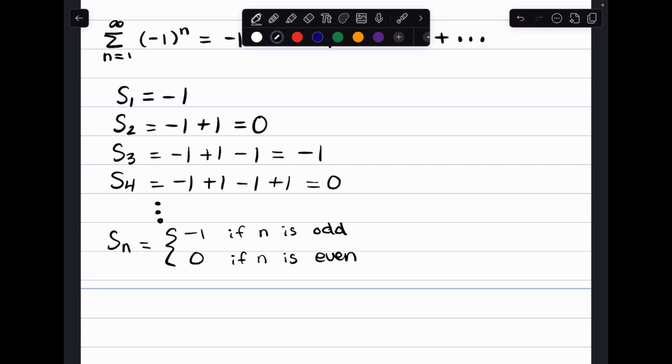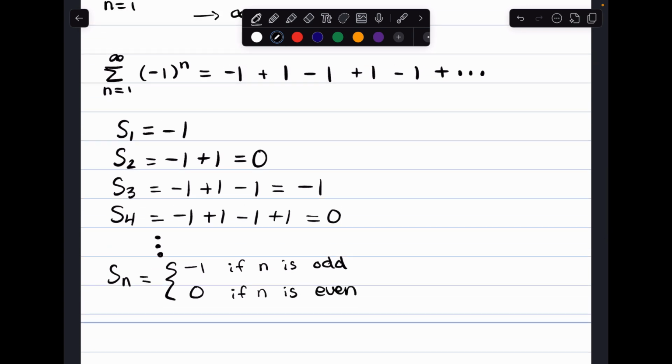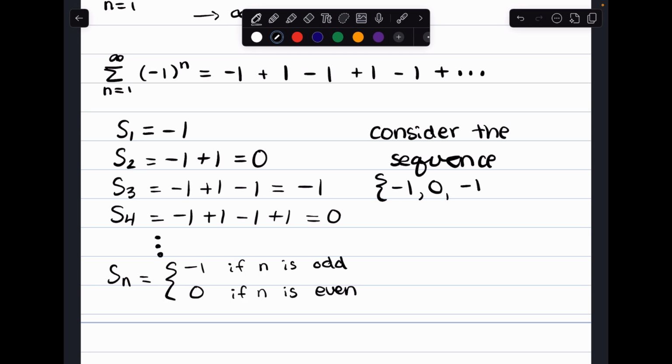And so if we're asking what's happening to the sequence of partial sums, we're considering the sequence negative 1, 0, negative 1, 0, on and on and on. And if we were to ask, does this sequence converge or diverge? You would say that this sequence diverges because it's not actually approaching a number.